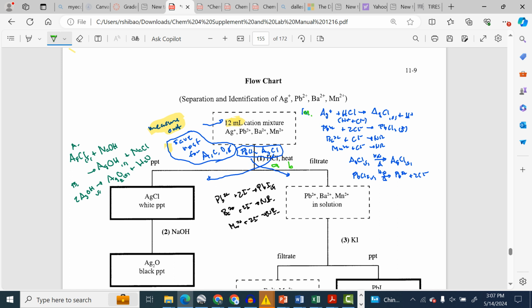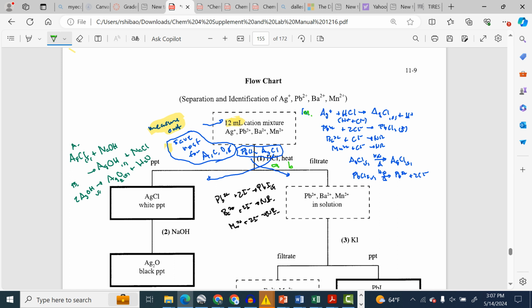What happens if we add HCl to this mixture of cations? Well, by adding HCl, we're introducing H plus and Cl minus. The H plus isn't going to react, but the Cl minus could. If we take silver ions and react them with chloride, that's going to form silver chloride. And the H plus will just be alone there, i.e. a spectator.